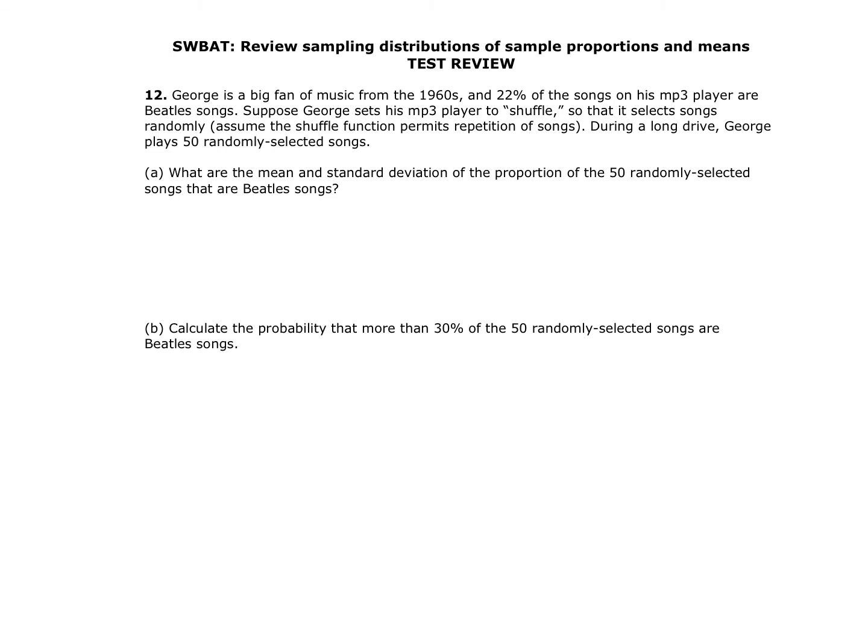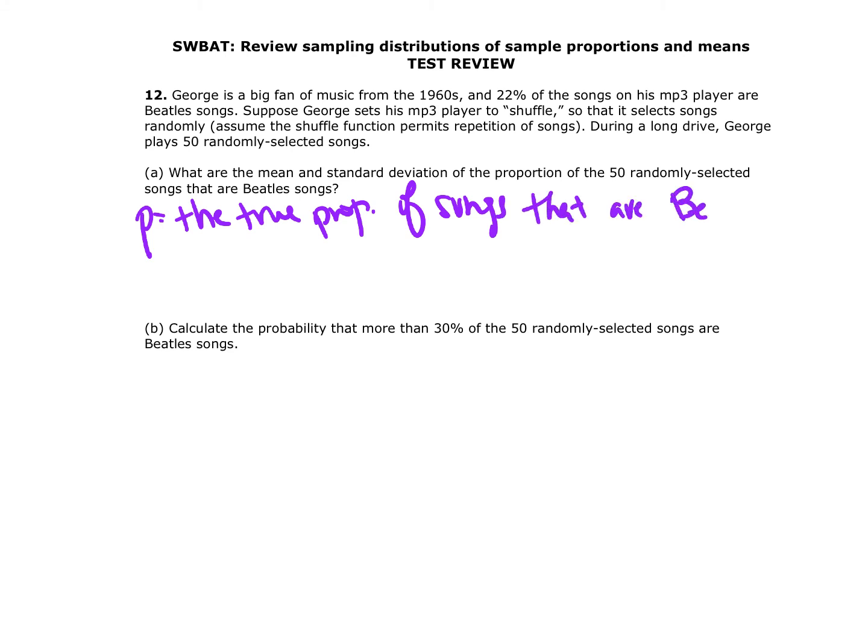So again, we want to define our variable and define what the parameter is. So P is the true proportion of songs that are Beatles songs. And we know that P here is equal to 0.22, which means that my Q is equal to 0.78.